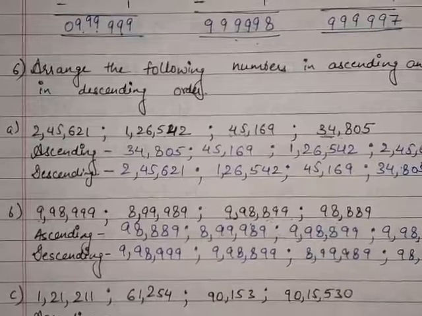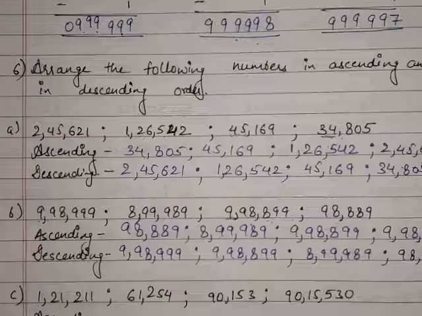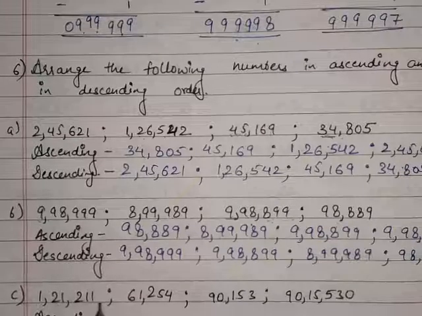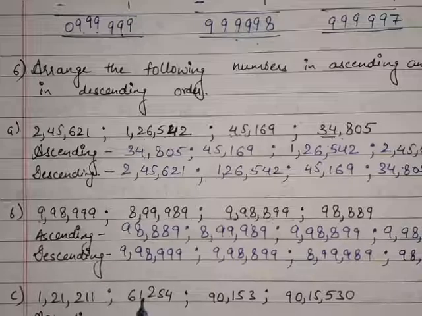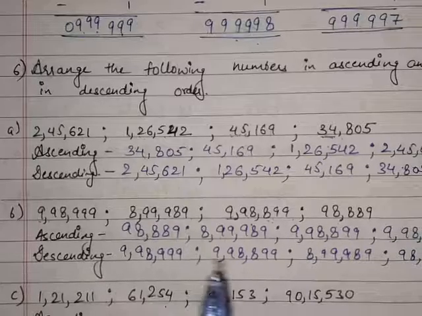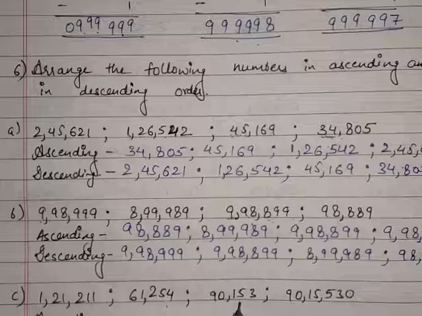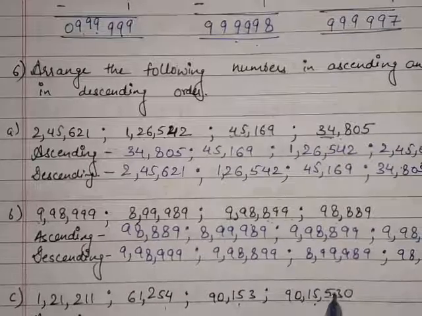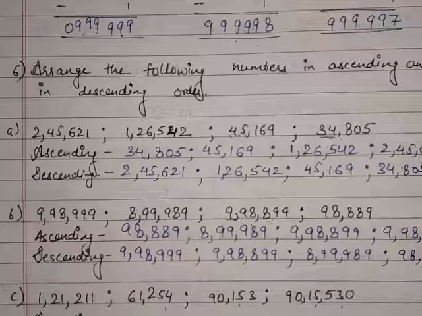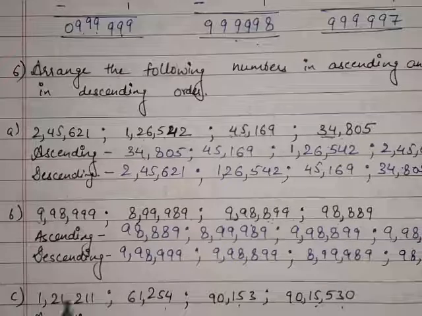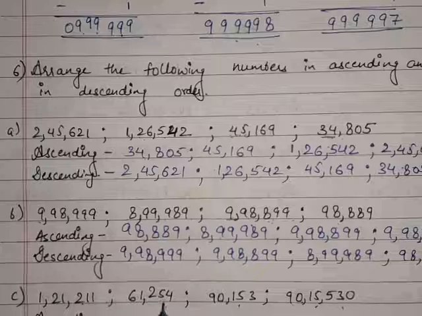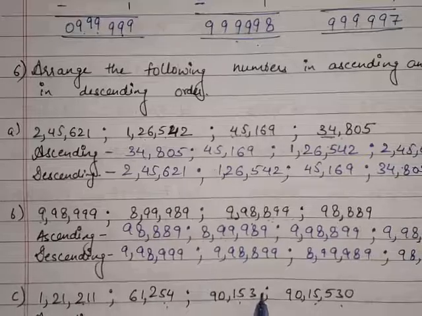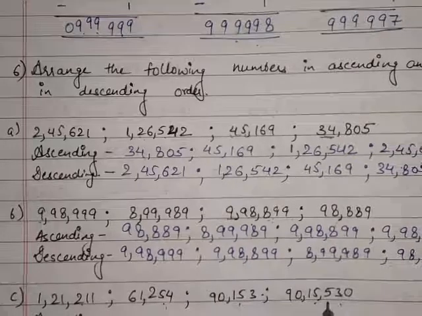Now, what is the C question given? C question is given 1,21,211, then 61,250, then 90,153, then 90,50,530. It is given. We can see this is a 6-digit number, it is a 5-digit number, it is a 5-digit number, and it is a 7-digit number.